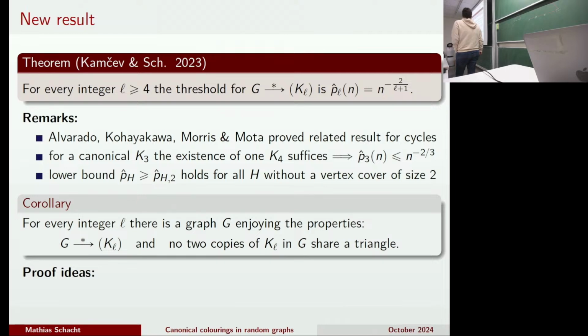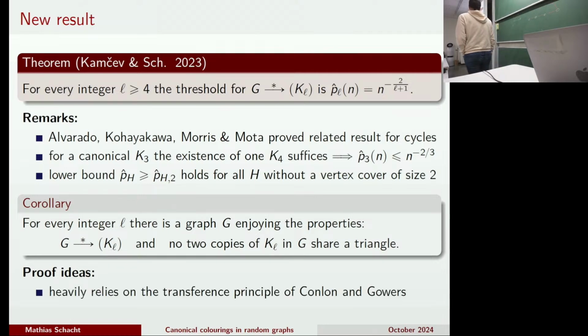Okay, so the proof is as follows. Let me say the main ideas. We found a proof which works in the graph context, in the normal context, fairly well, and that proof could be transferred to the random environment using the transference theorems of Conlon and Gowers.